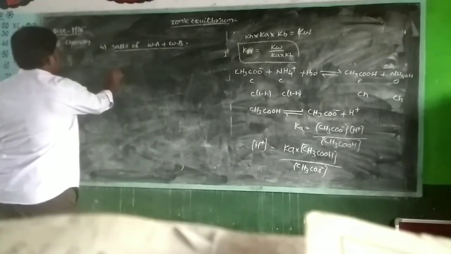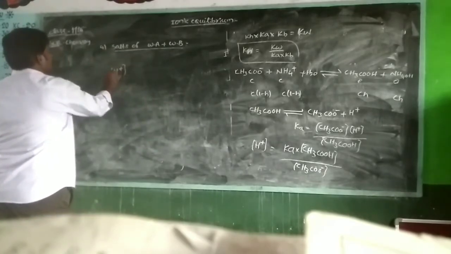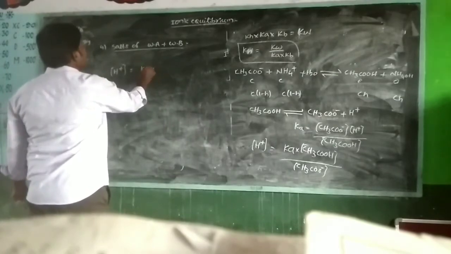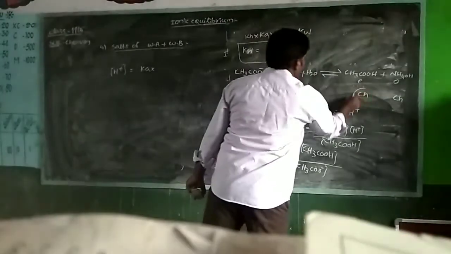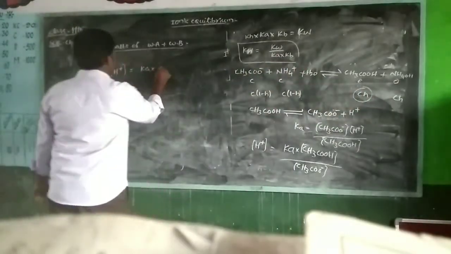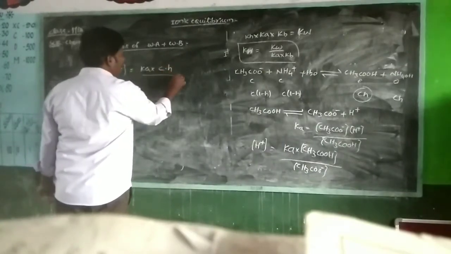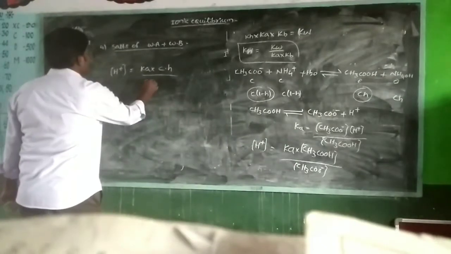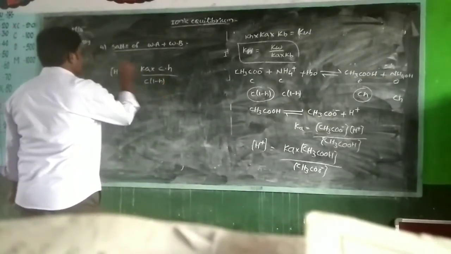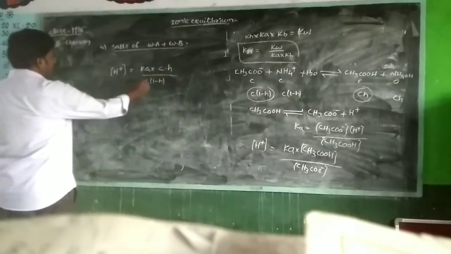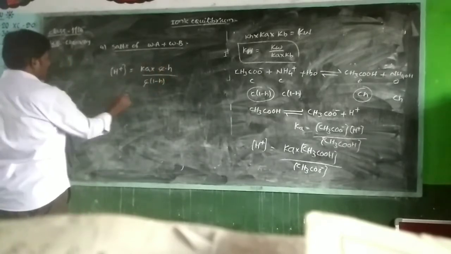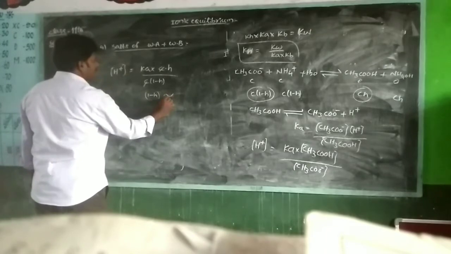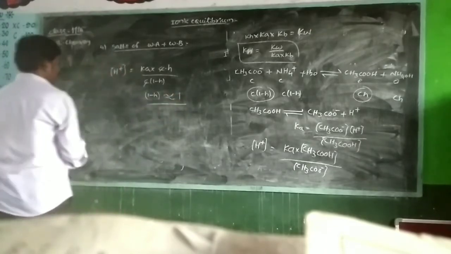H plus concentration is equal to Ka into Ch upon C into 1 minus h. C gets cancelled. Already you know that for a weak electrolyte, 1 minus h is approximately equal to 1.